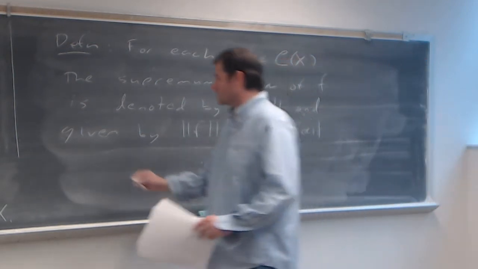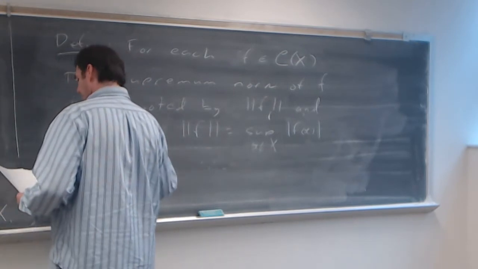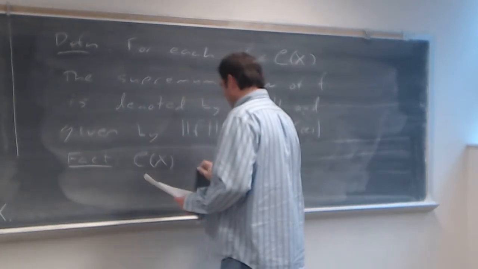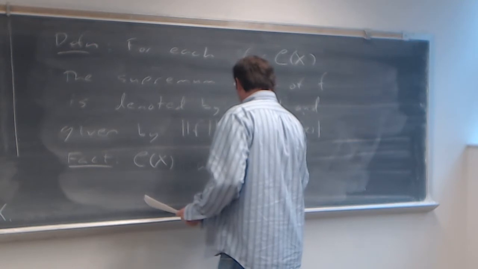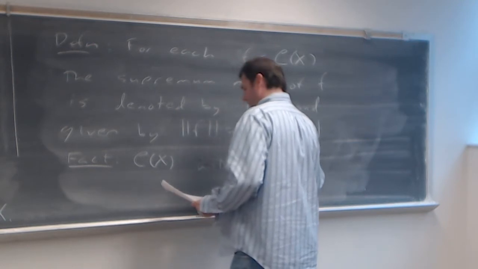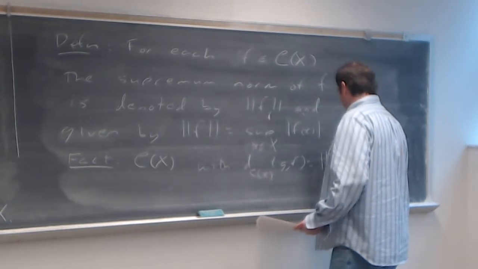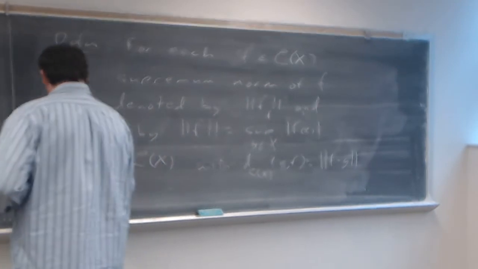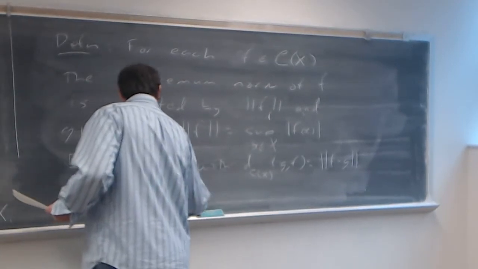But as a fact, C sub X with the metric d sub C of X between g and f equal to the supremum norm of f minus g is a metric space.